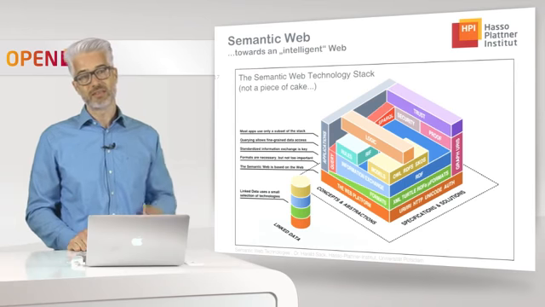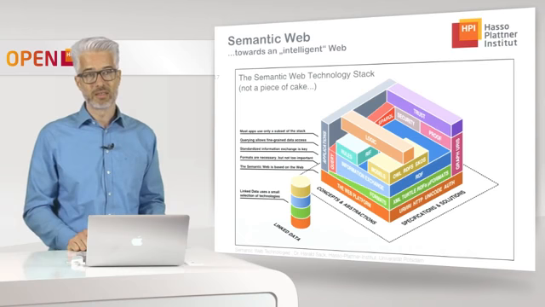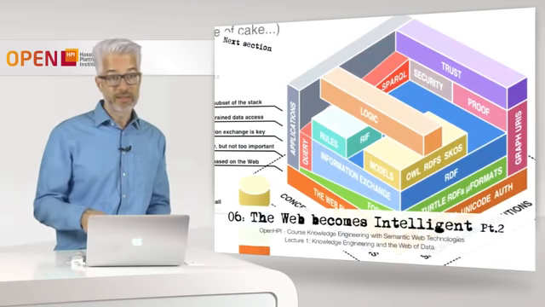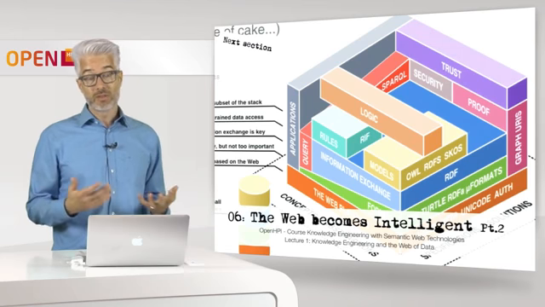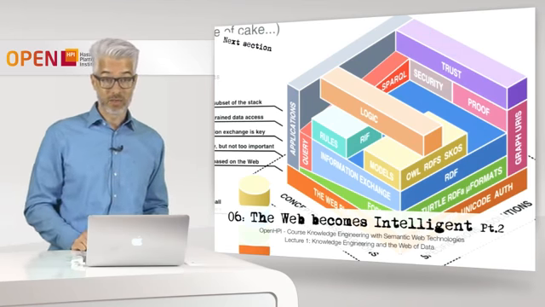Here you see a summary of all the technologies we will talk about in the course of this lecture. In the next lecture, I will give you a brief introduction into the single layers and stages of this semantic web technology stack.